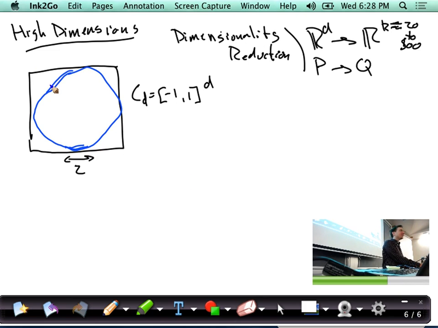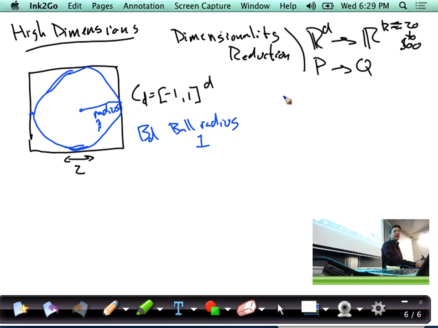It should look like a circle, and it should just touch all the corners. So this is a ball where the radius is 1. We'll call this BD, a ball of radius 1.